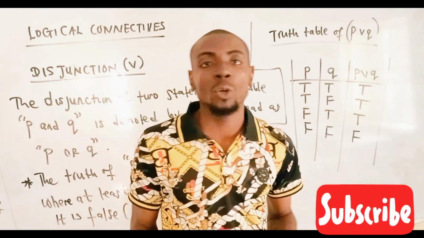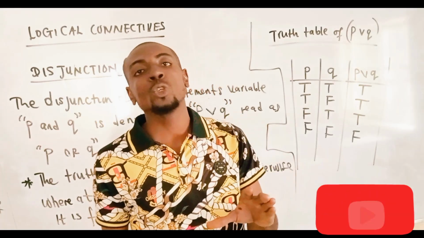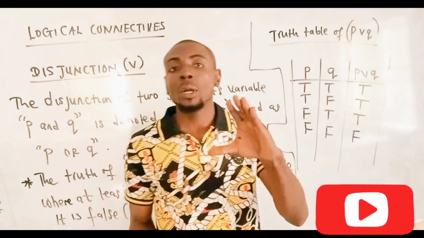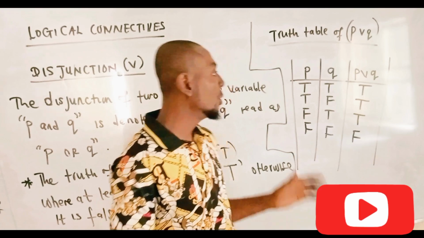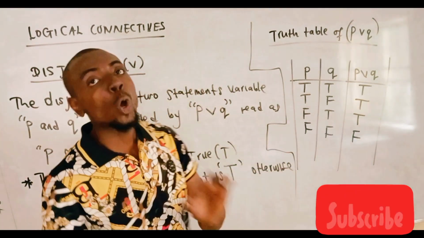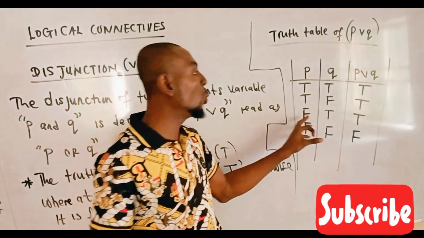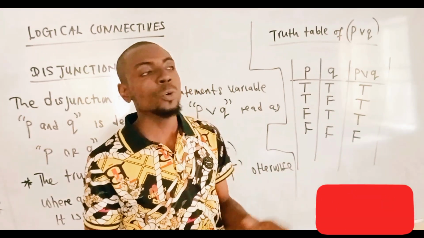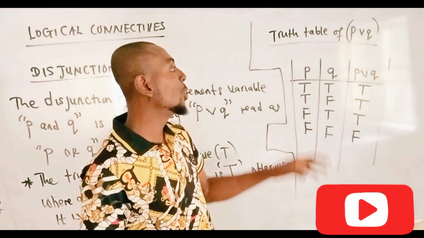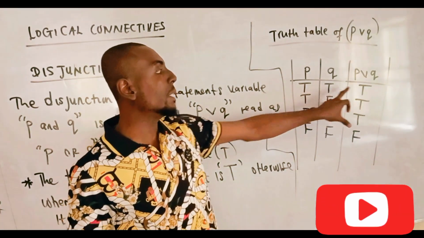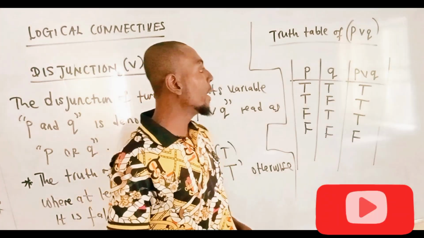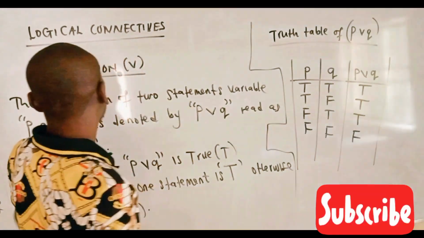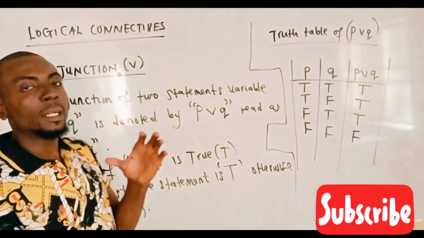Coming to conjunction, which is and, truth will give us truth, others are false. So just speak it this way: as far as or is concerned and as far as truth appears in either P or Q, you're going to have T. So truth and truth is still truth. Okay, so that's the logical connective disjunction.